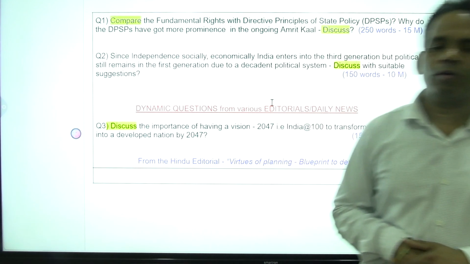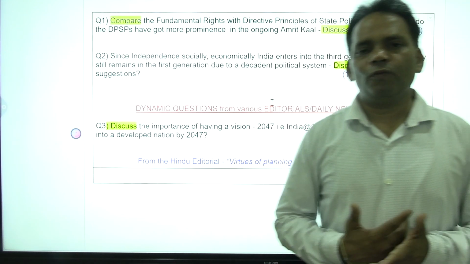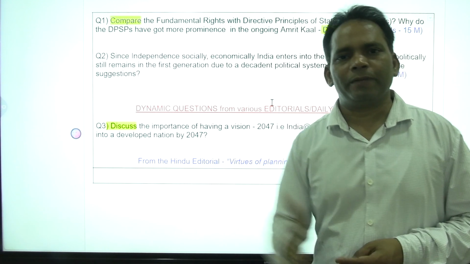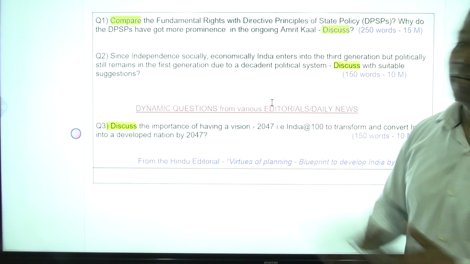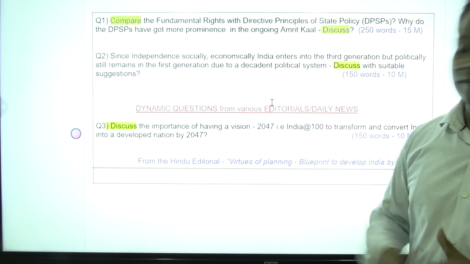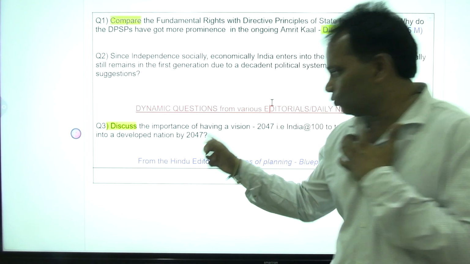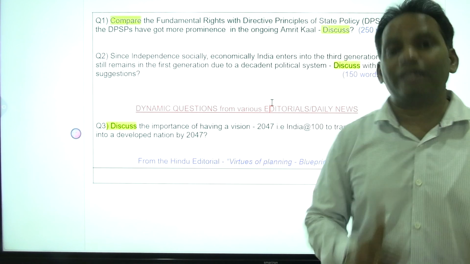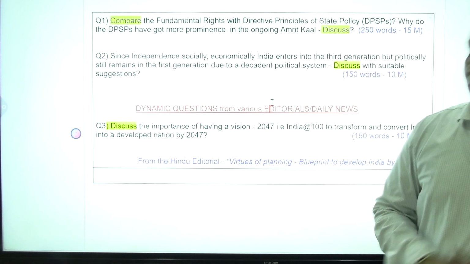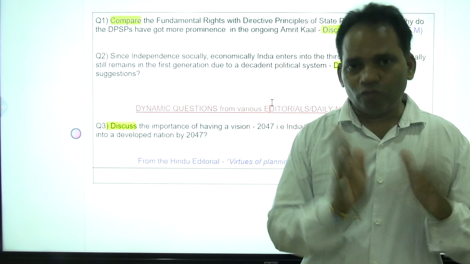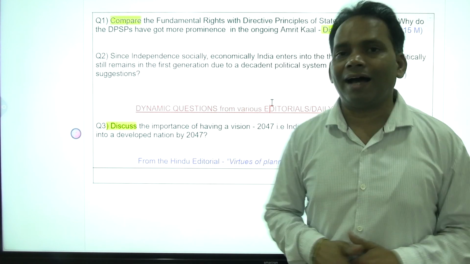The Niti Aayog is preparing a blueprint for the Amrit Kaal period to convert India into a developed nation by 2047, that is India at 100. In the year 2047, India is going to celebrate its 100th Independence Day. So on the eve of that, what should we do? That is the Amrit Kaal.